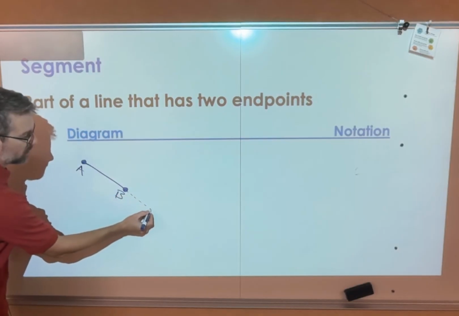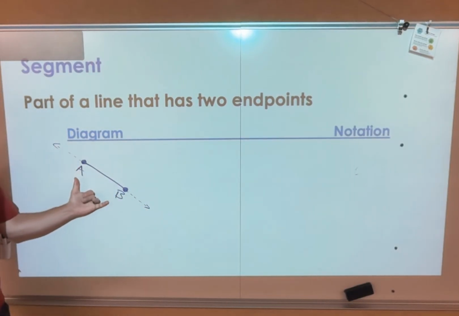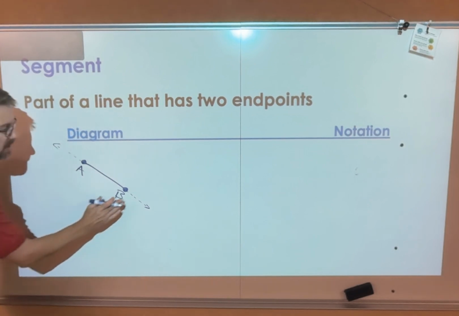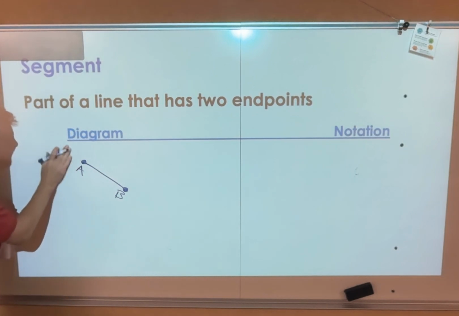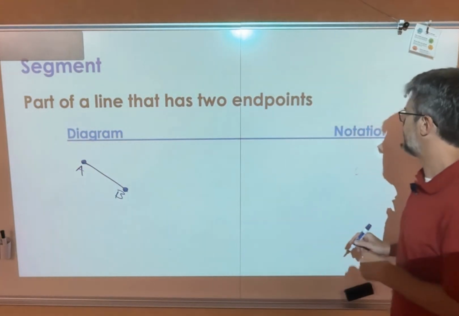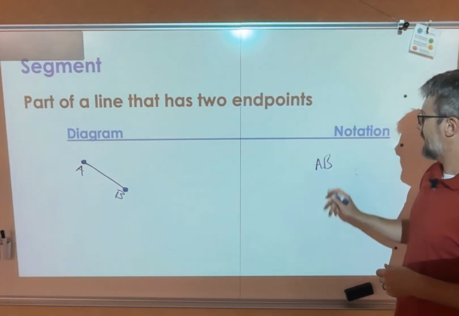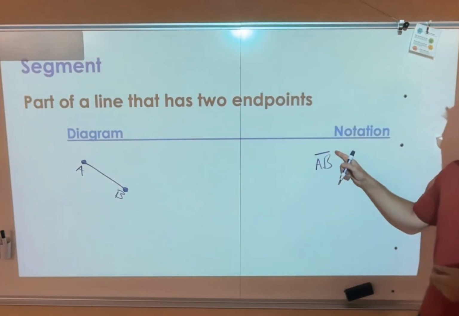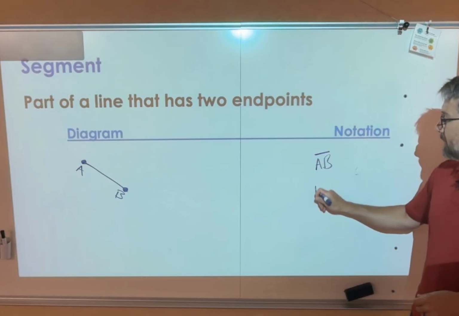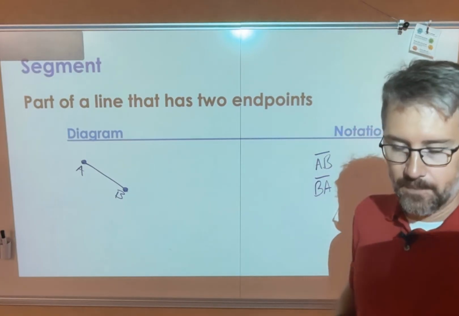Like this could be part of a line, and we could just talk about the distance from A to B as a segment. But this is what we'll use as our diagram for just a segment. Okay, so our notation, we would say AB, and a little line on top of it that doesn't have an arrow. We could also say, again, order doesn't matter, so we could have it as BA as well.